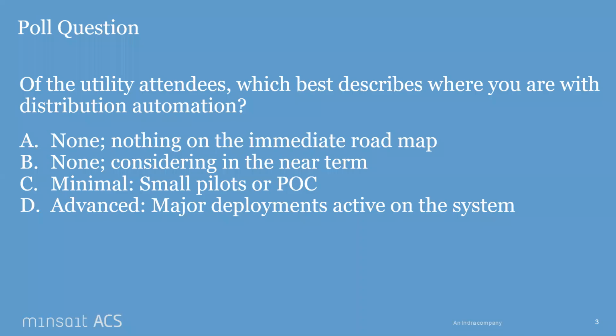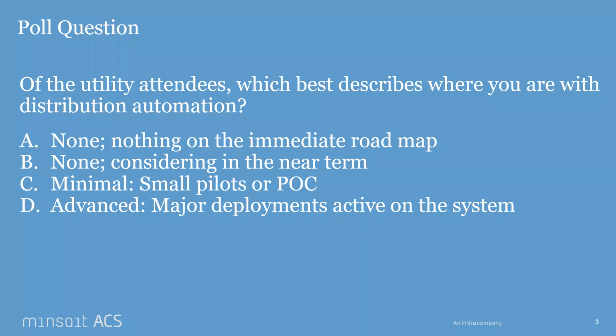So with that, let's first start doing a little bit of interaction with you all. Of the utility attendees today, you'll get a pop-up poll here in just a second, but if you could answer which best describes where you are with distribution automation.